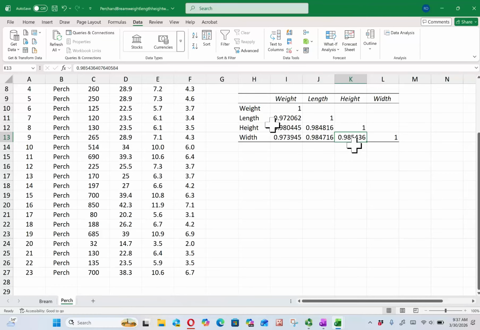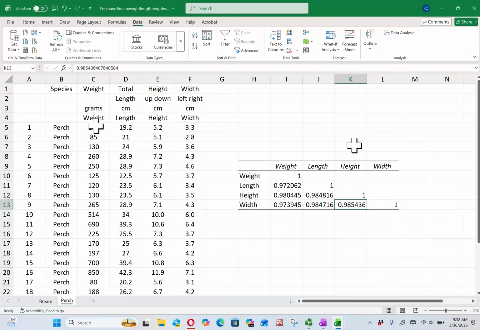But I still want to predict one thing from another. Like I want to predict weight from length. Here, it's no problem. And if you graph weight and length, well, we want length to be on the x-axis.